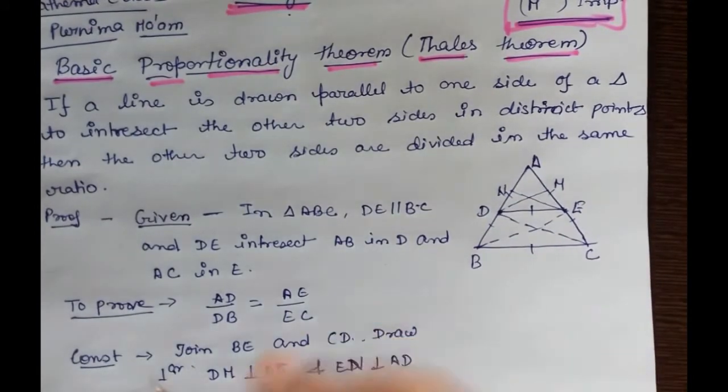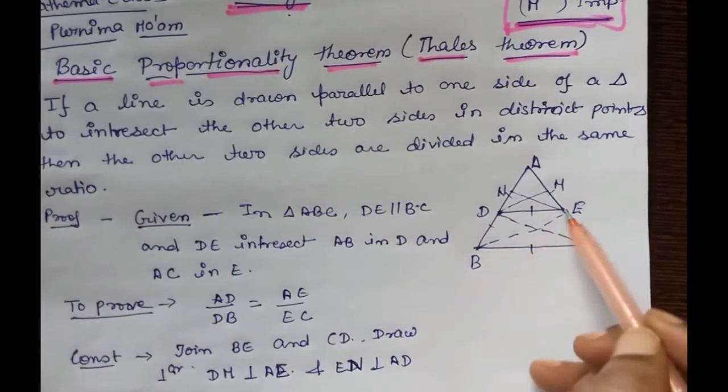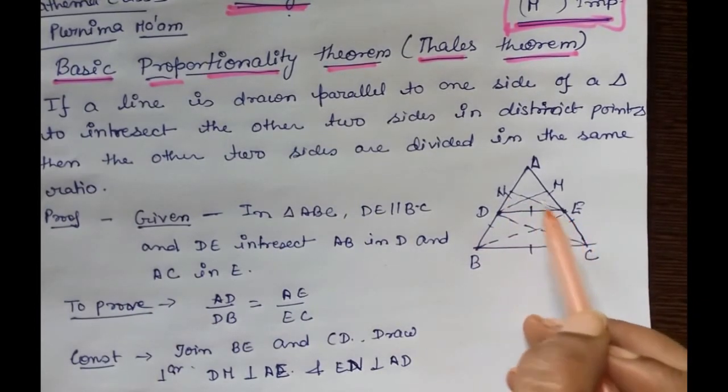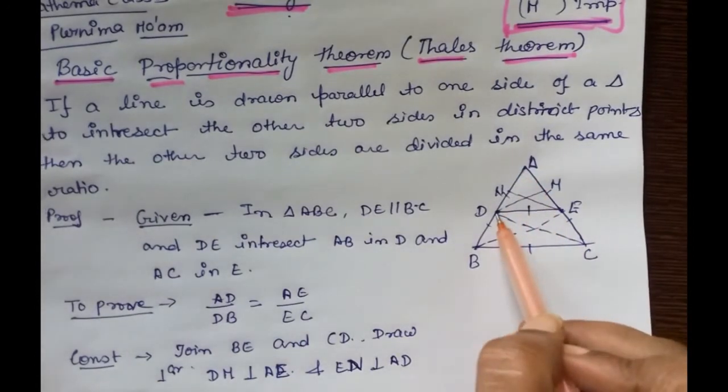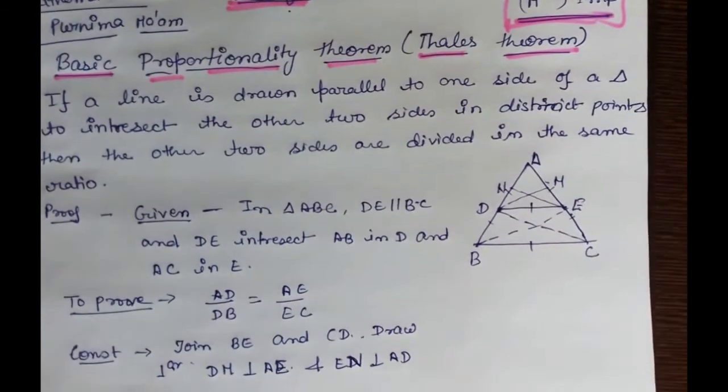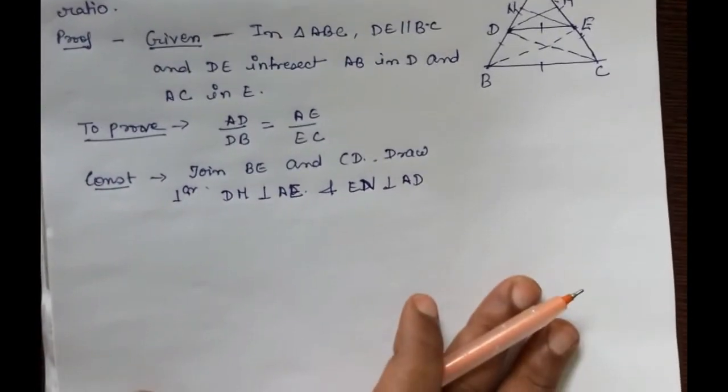Okay, students, that is the construction. We just join BE and DC, then draw the perpendiculars EN on AD and DM on AE. What is our next step? We need to prove these things.